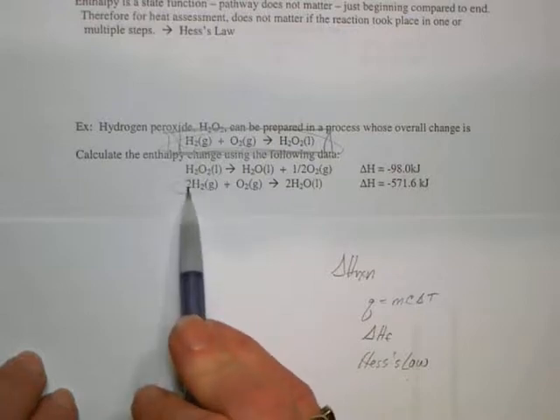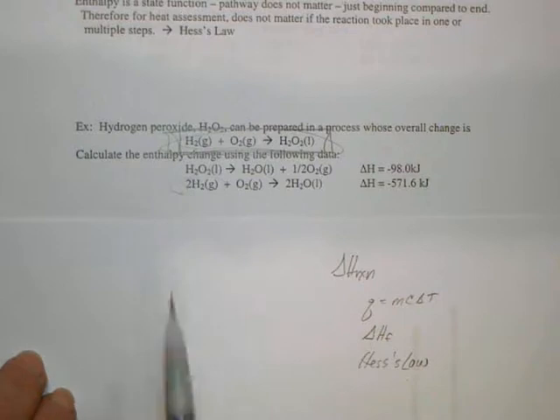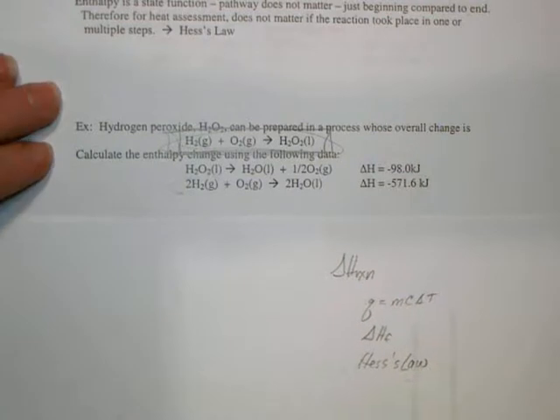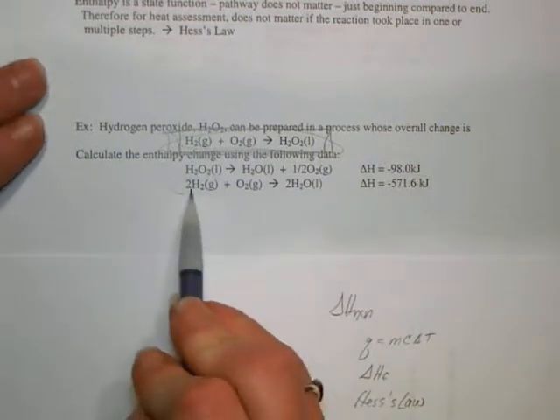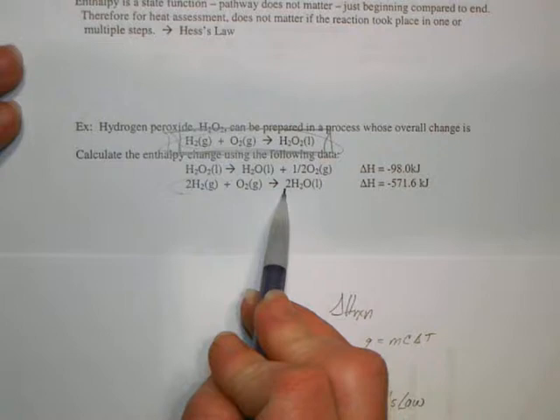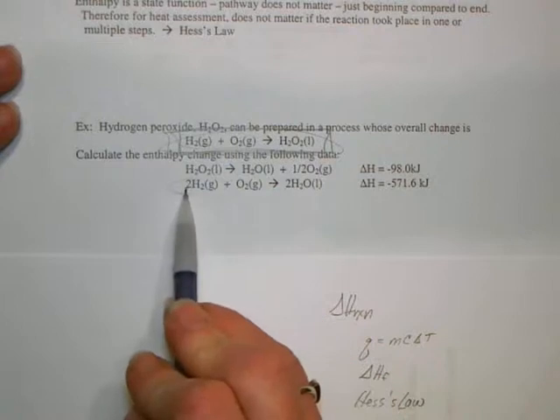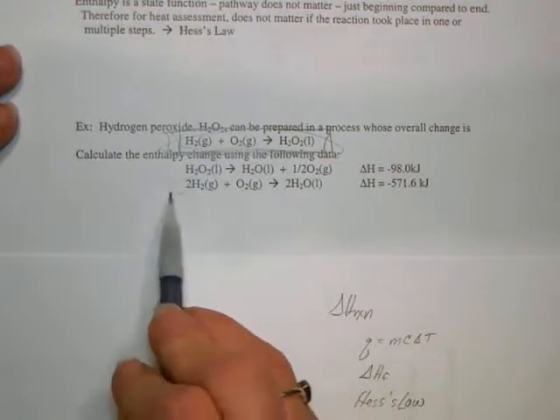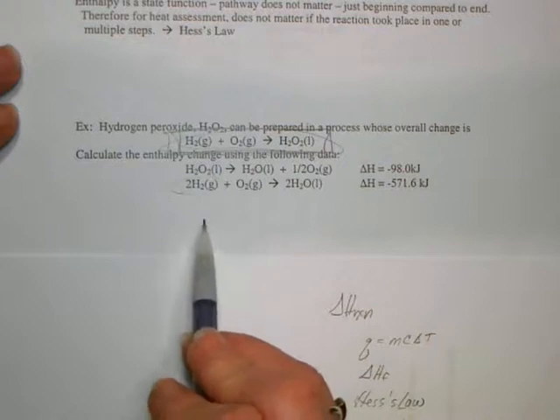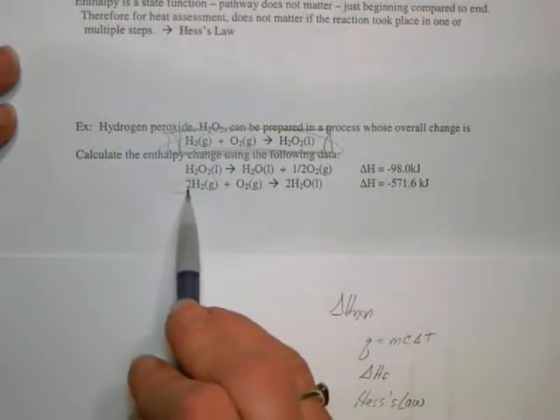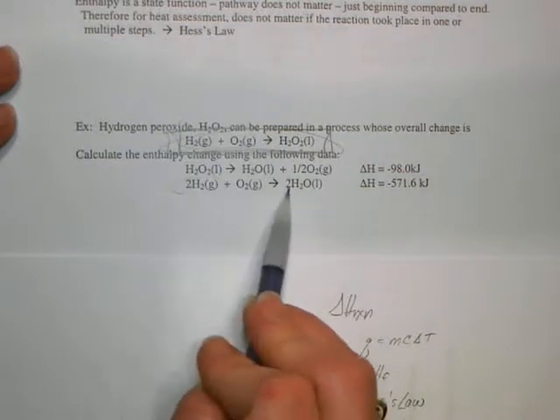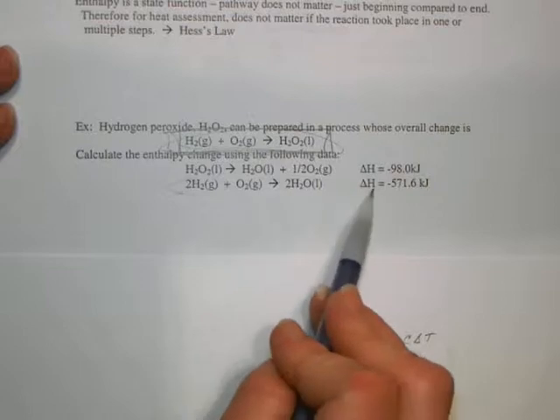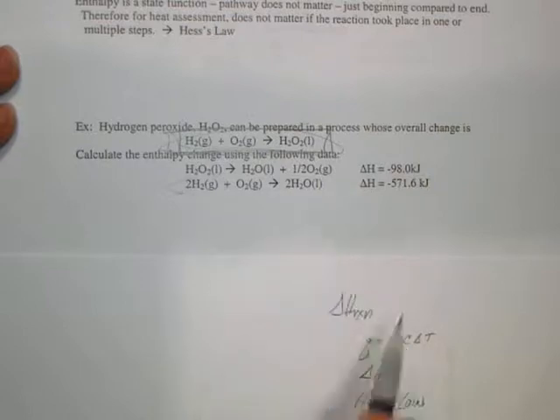However, we have 2 moles, and for my overall reaction, I only need 1. We can change coefficients. We can look at multiplying 1/2 by everything, or dividing all of my coefficients by 2. Now, thermodynamically, whatever I do to all of the coefficients, I also will do to my enthalpy of the reaction.